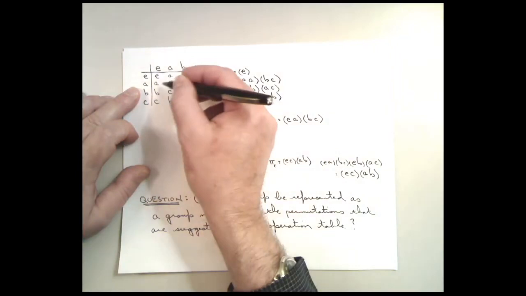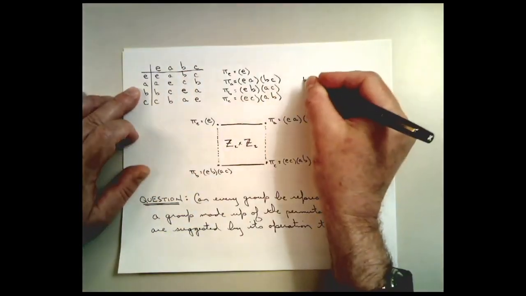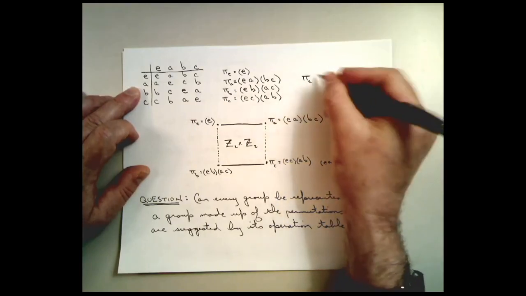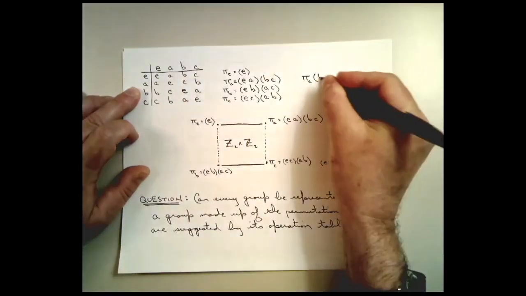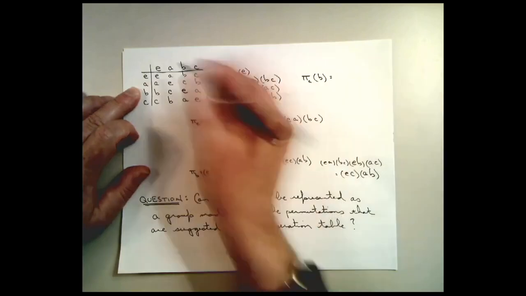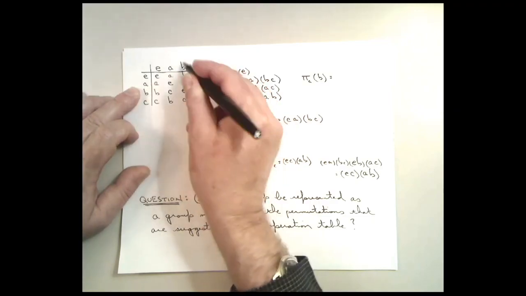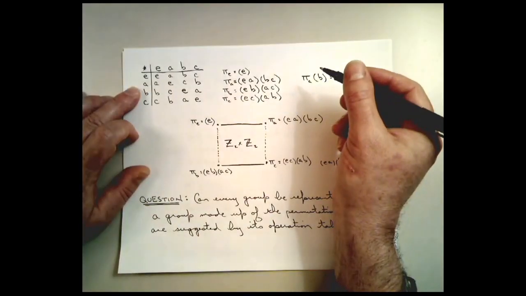I mean, yes, I just looked at where the positions of those elements were in the row, but could I not also have noted that pi sub A is going to send, well, let's see, where's it sending B, for example? Well, it's sending B to C, but I could also represent C as A times B. I'm going to use an asterisk for the operation here.